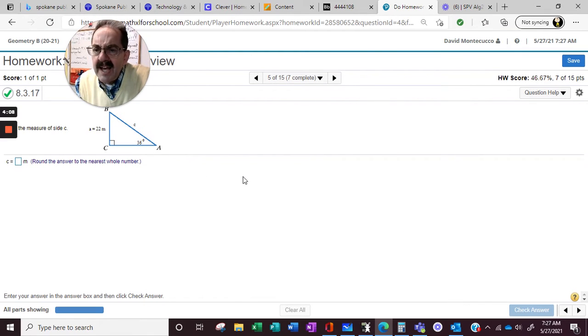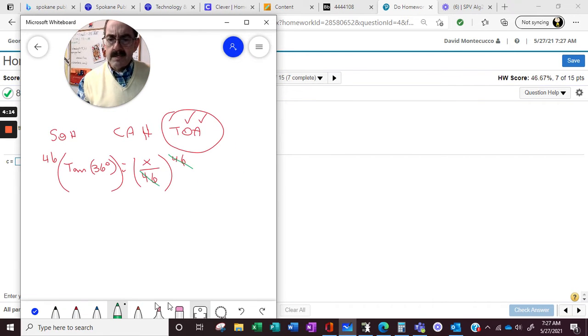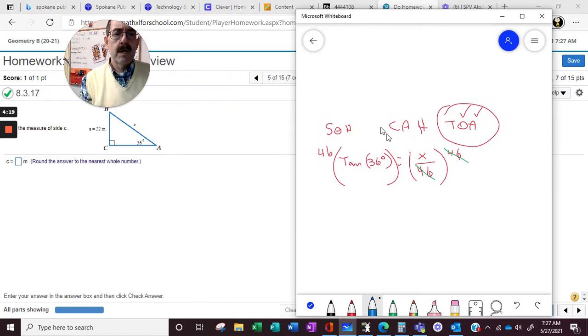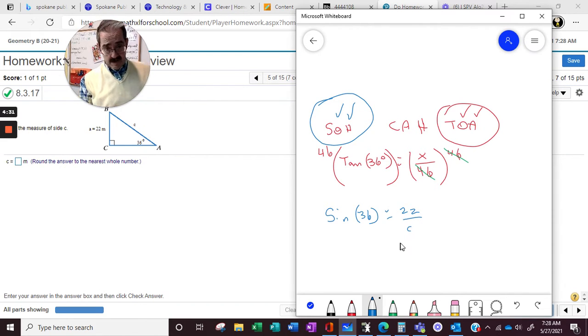Okay, so this is the angle, and we have the OPP and the HYP. So let's grab a new color. The OPP over the HYP. SOHCAH. So the sine of 36 is equal to 22 over C. Now, for those of you that are fast, the C goes here, the sine goes here. Undo the division.